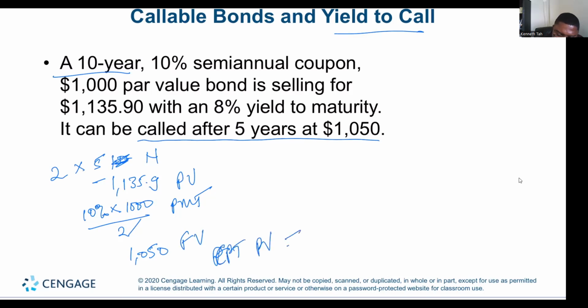We are interested in the yield. We already have present value. So compute I/Y, which is going to be 7.53.